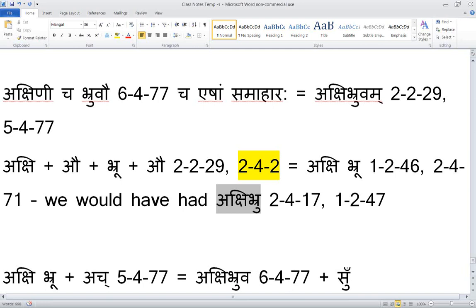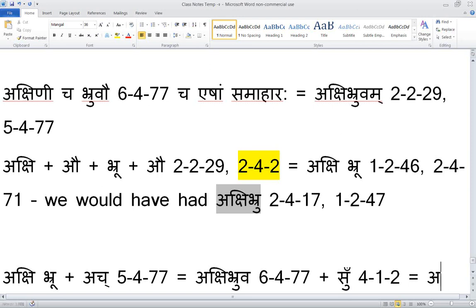This is by 412, of course. Because this is ekavachanam, only su will be there, in prathama only su can come. So napumsakam, ato ami purvaha.